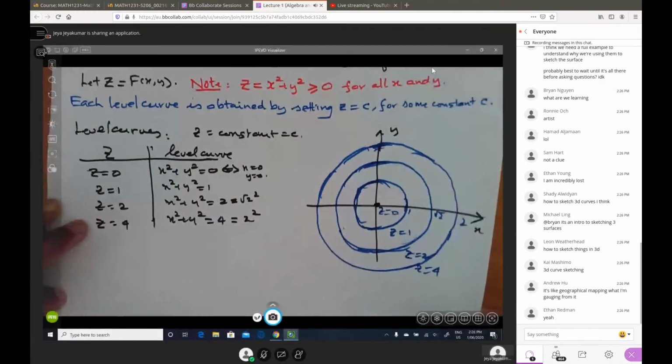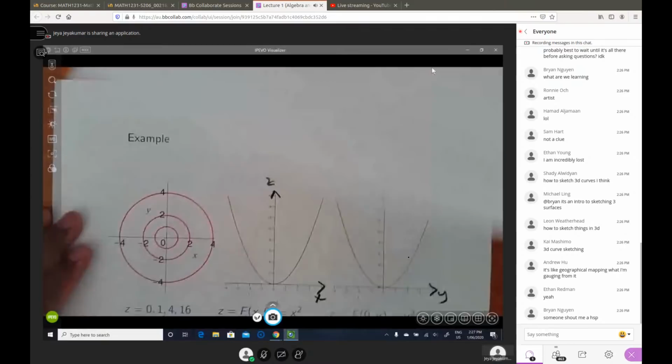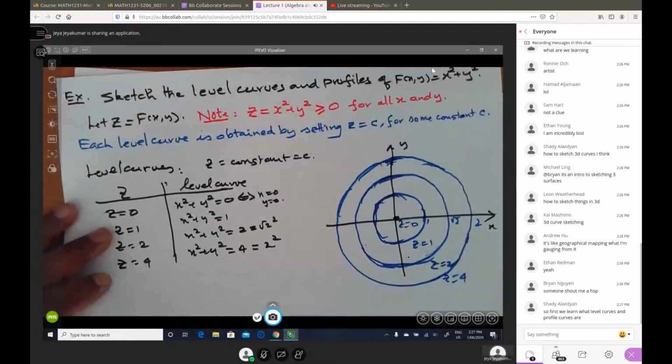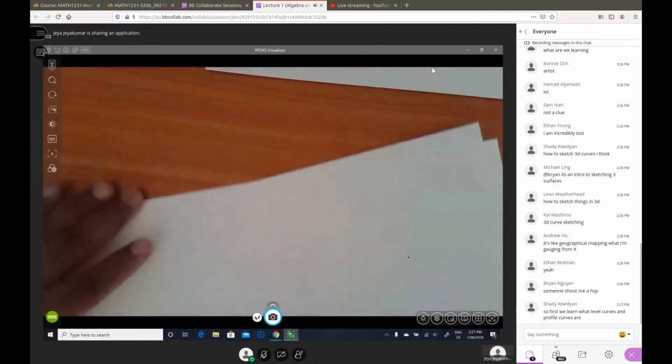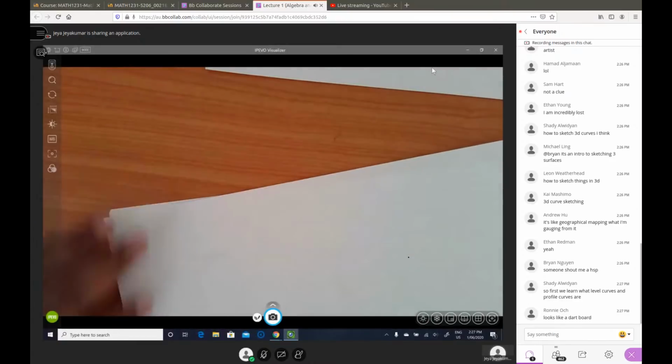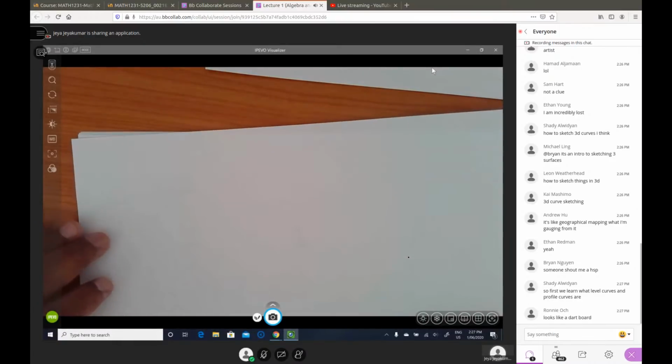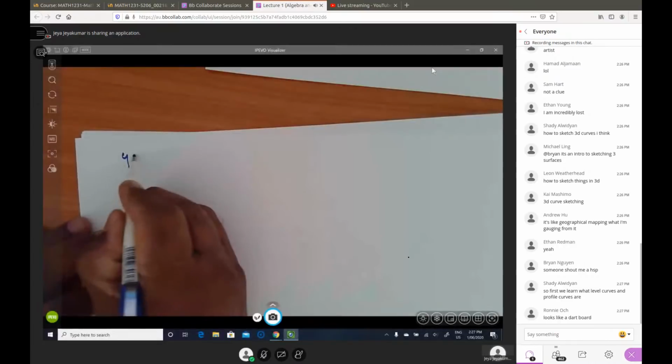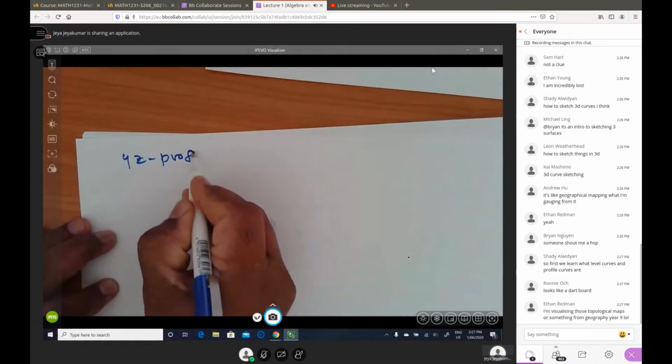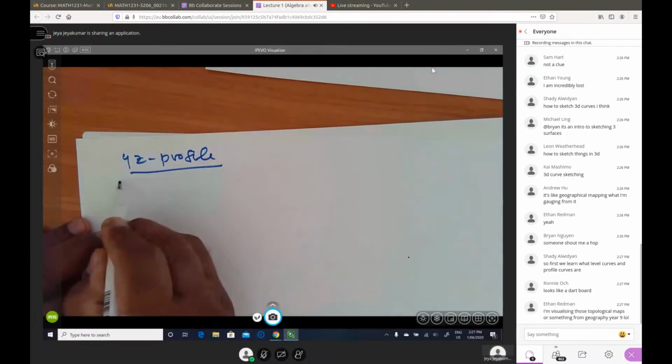Okay, now look at the yz profile and xz profile. So yz profile, x equals 0.